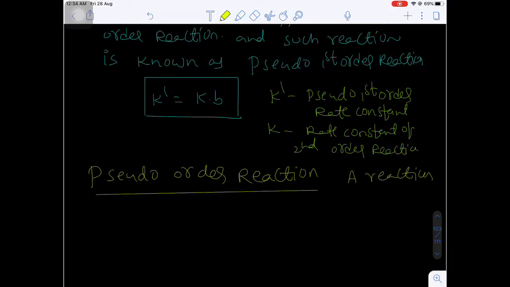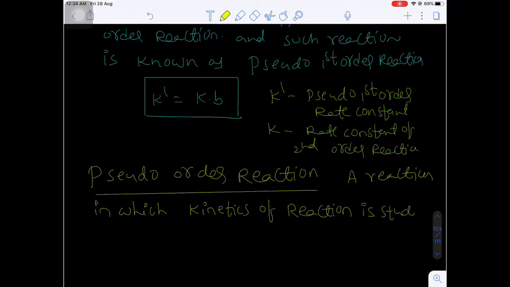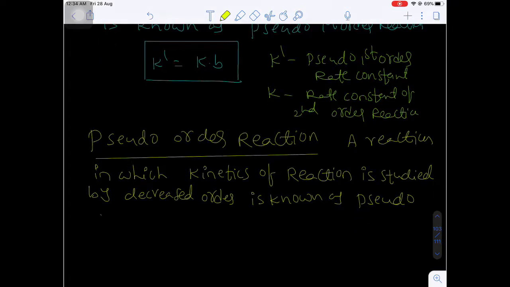A reaction in which the kinetics of the reaction is studied by a decreased order is known as a pseudo order reaction.